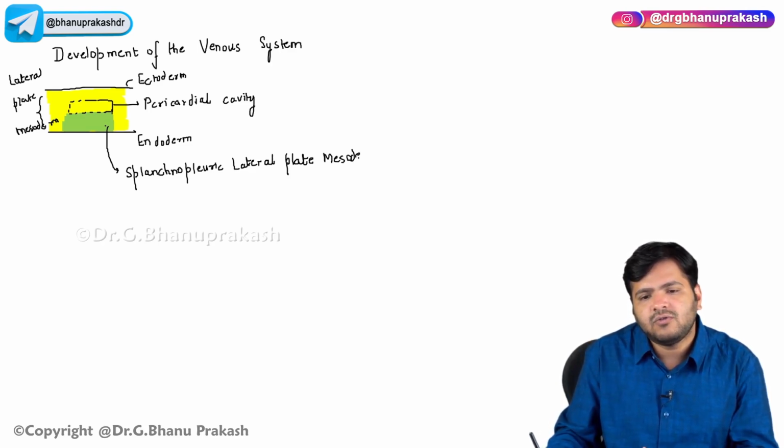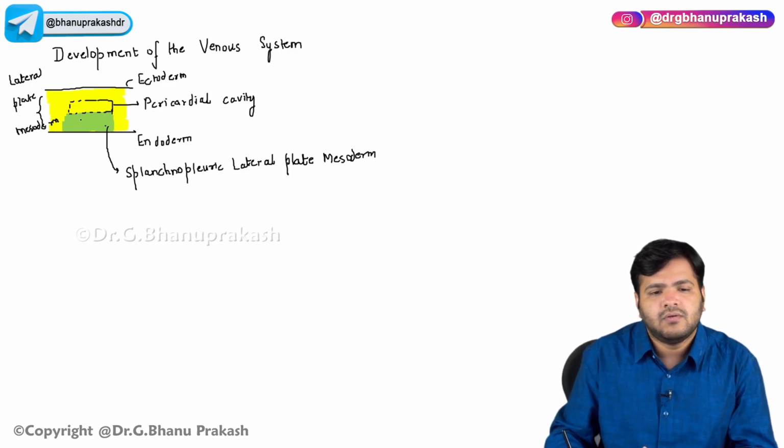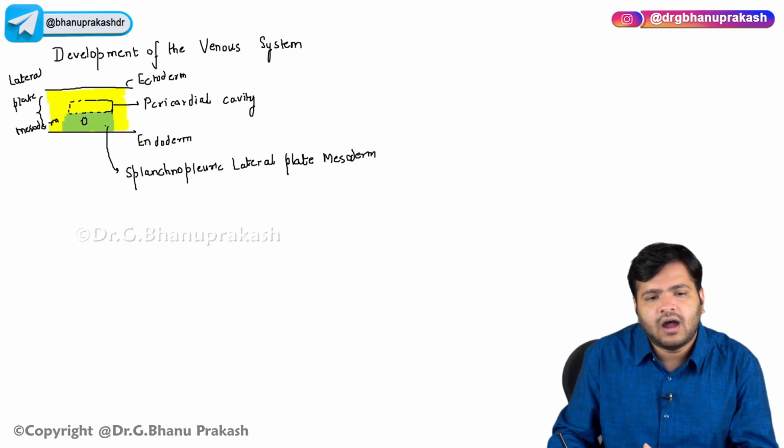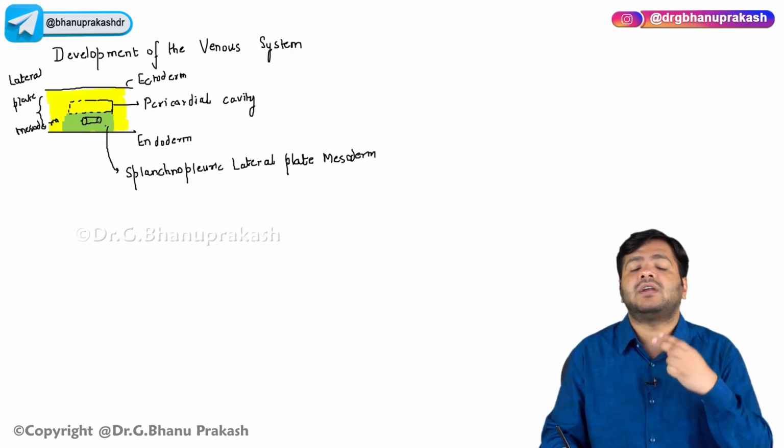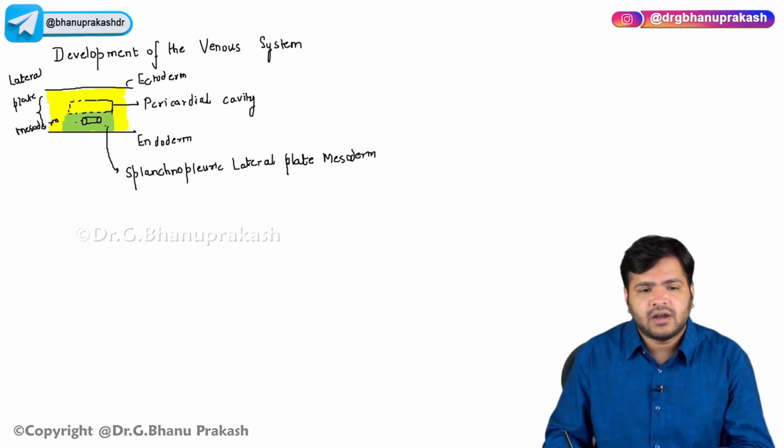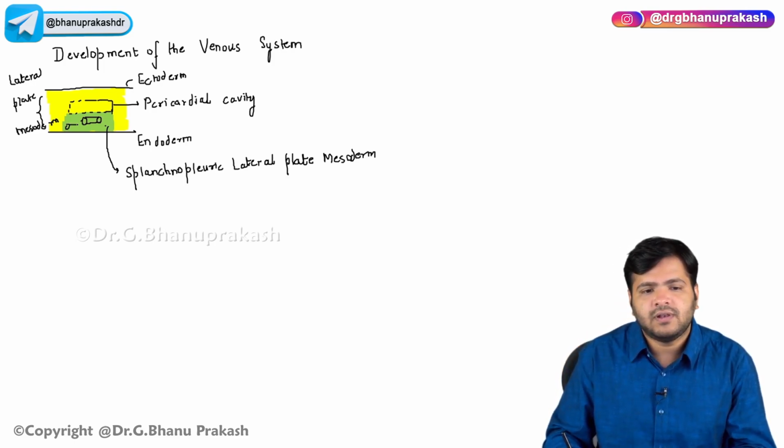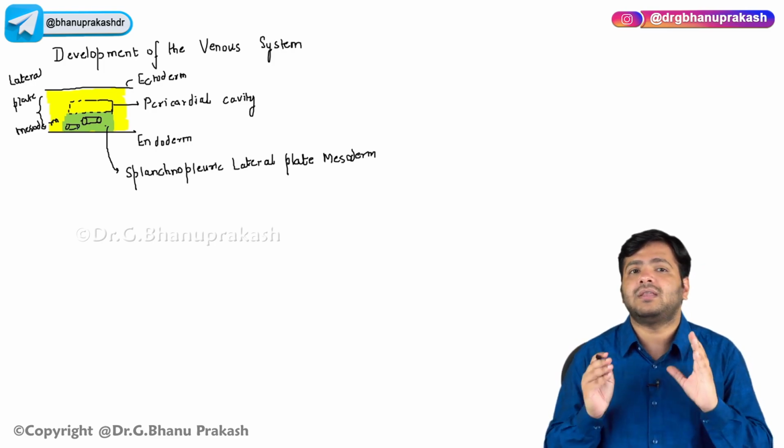Now in this splanchnopleuric lateral plate mesoderm, we already know we have the heart tubes which are developing. Initially there are two heart tubes, which will later combine to form the one heart tube.